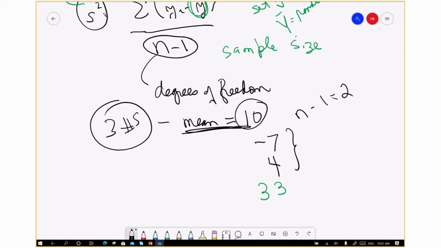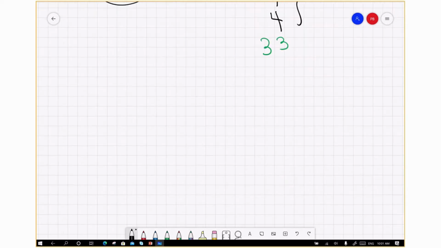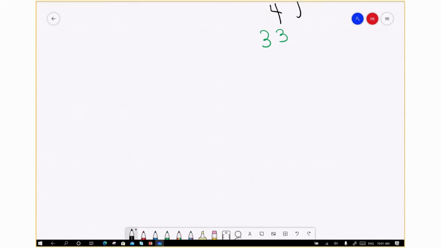So the basic idea is that we don't know the population standard deviation, so we're going to estimate it with the sample standard deviation. But that creates a problem.